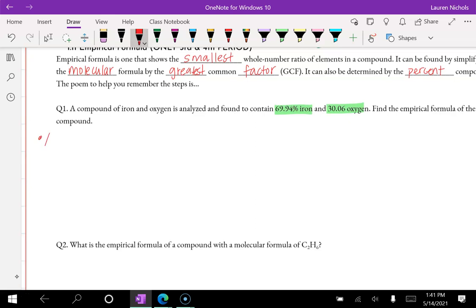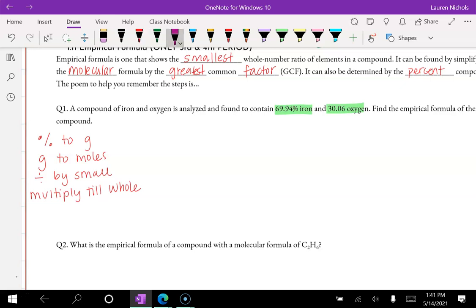It says percent to grams, grams to moles, divide by small, and multiply till whole. Each line in this poem is a different step.